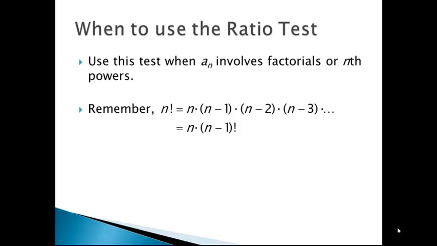This can be simplified to n times n minus 1 factorial. For example, 4 factorial is 4 times 3 times 2 times 1. That is 4 times 1 less than 4 times 2 less than 4 times 3 less than 4. 4 times 3 times 2 times 1 gives us 24.